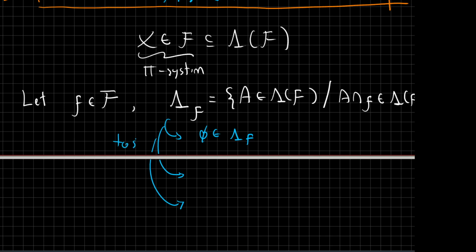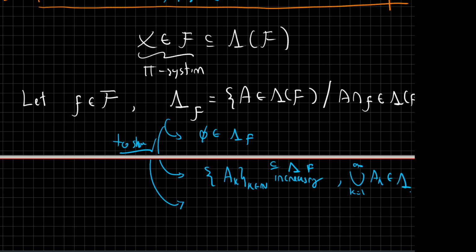This is to show: the empty set is inside this, and that for increasing countable families inside lambda F, then its countable union will be inside this thing here, and lastly that for every A and V inside this, such that A is a subset of V, then V minus A is inside this set.